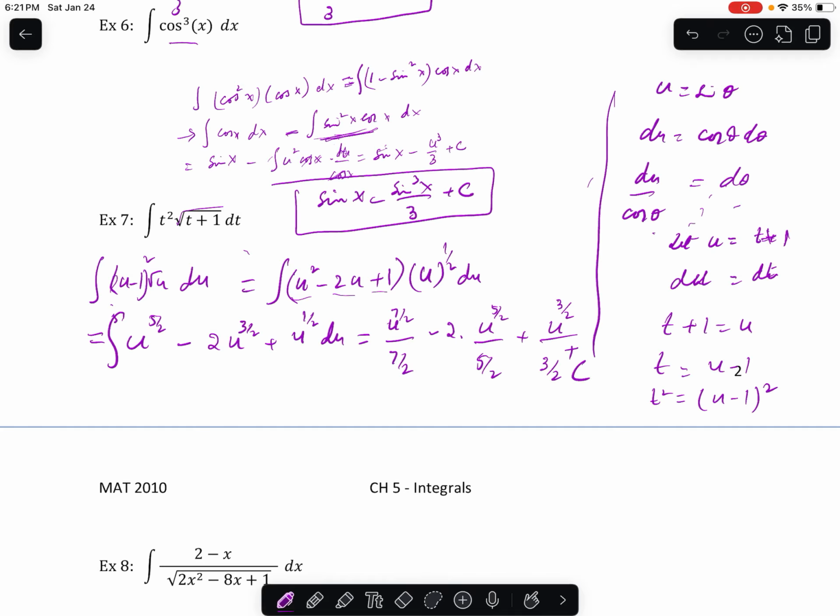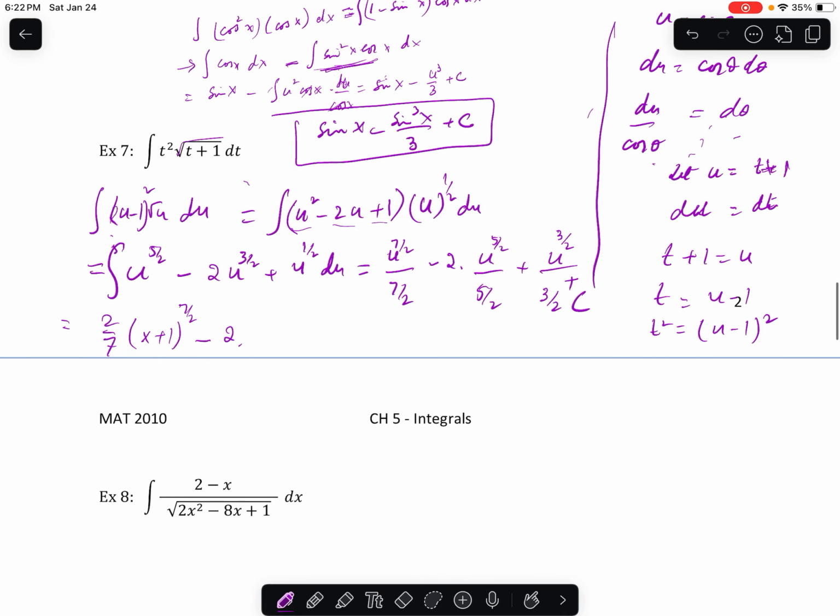Simplify, it looks like 2 over 7. u can be replaced by the expression. So 2 over 7 times t plus 1 raised to the power 7/2 minus 2 into, so u to the 3/2. 2 over 7, now it will be 2 over 5.